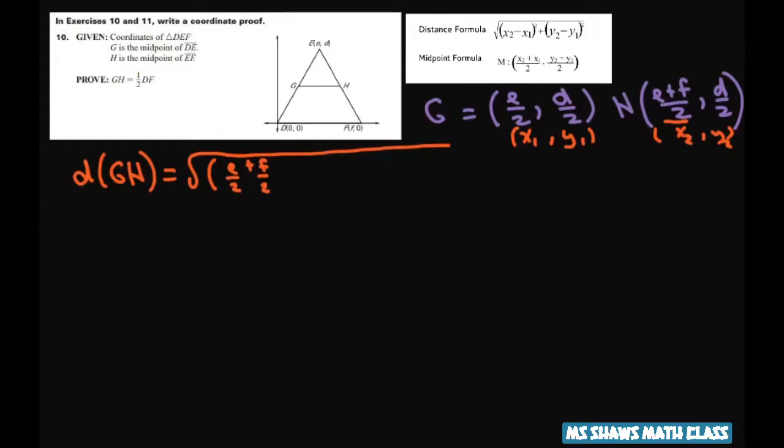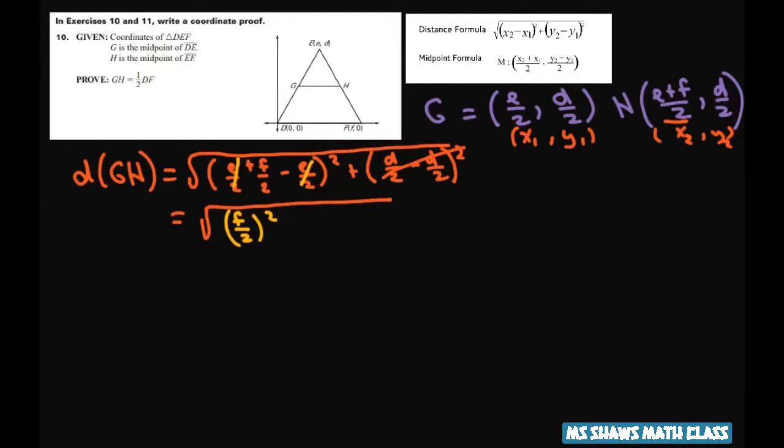And then we're going to subtract E divided by 2 squared, plus, then we're going to do our D divided by 2, minus D divided by 2 squared. So this part's just going to be 0. Now in this part the E's cancel, so you're going to get F divided by 2 squared, and that's just going to be F divided by 2.